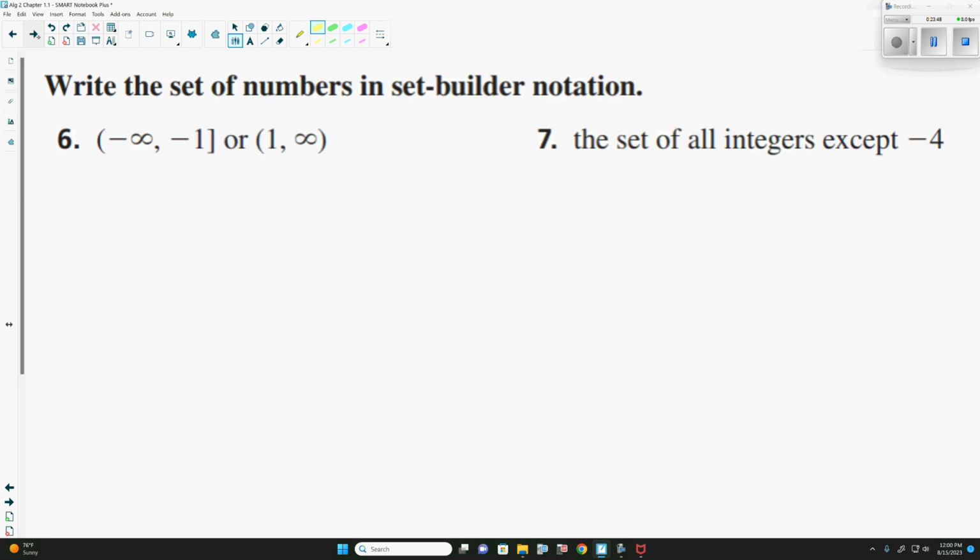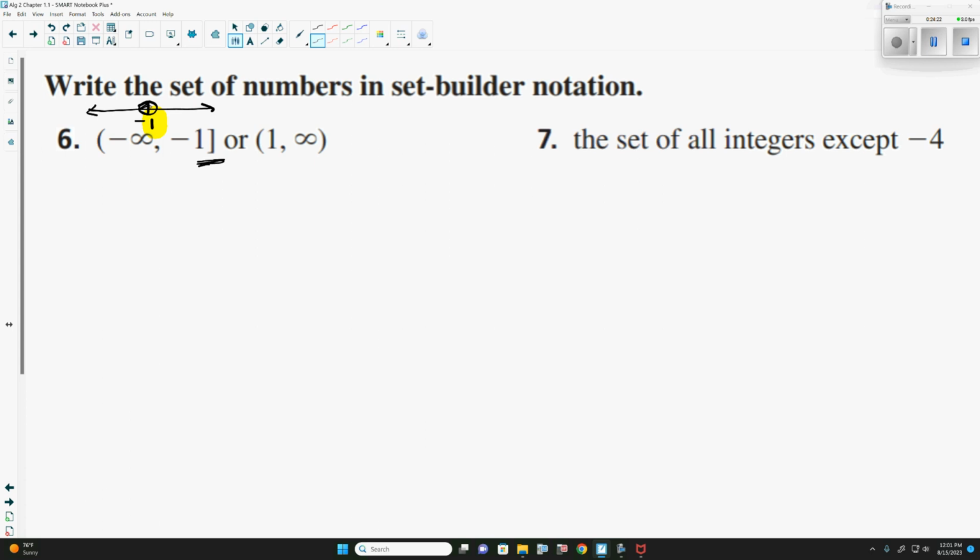Let's look at the next one. Negative infinity to negative 1 or 1 to infinity. So we need to rewrite these as inequalities. If we drew it on the number line, so negative 1, would it be open or closed for this here?